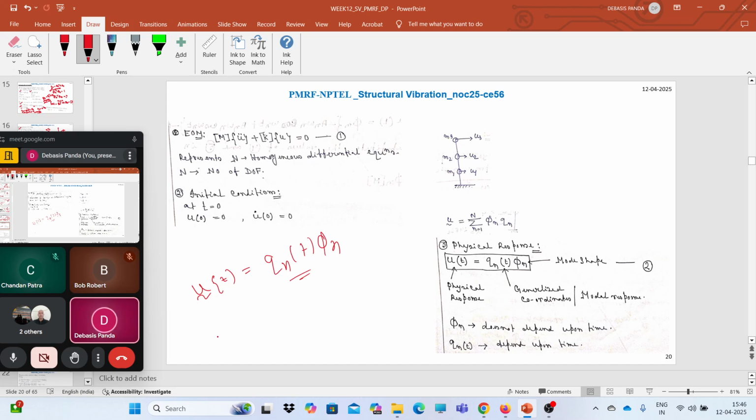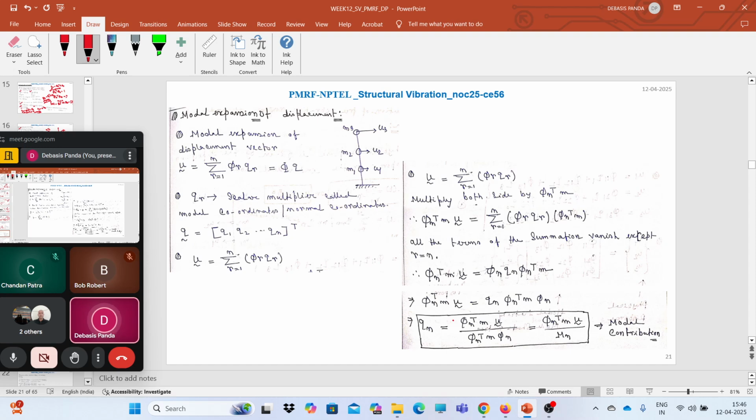For the total matrix, u of t is nothing but the phi matrix multiplied by your generalized coordinate vector, right? I already told you that the mode shape doesn't depend on time. It's a time-frozen screenshot. And this q n t is the time-varying property, or the modal responses. We have different approaches to find it out.